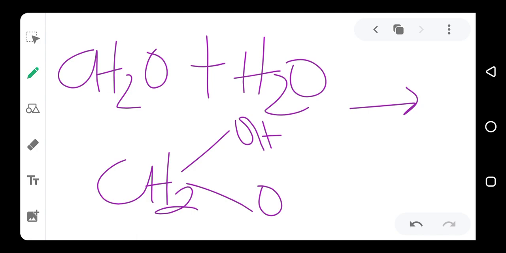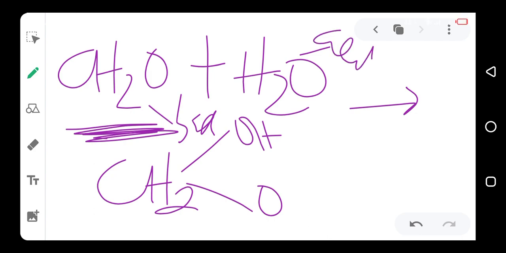Now in this reaction, this substance accepted electron from water, so this is acting as an acid, and this is acting as a base.